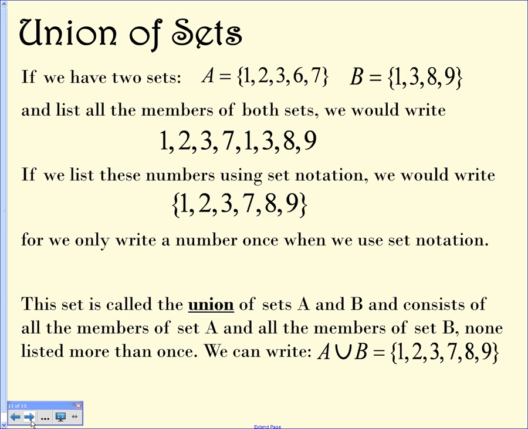It's called the union of sets A and B, and it consists of all of the members in set A and all of the members in set B, but none can be listed more than once. And you write it like this: A union B. So what is the one upside down?